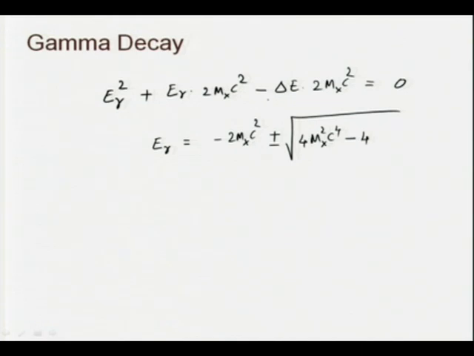The constant term has a minus sign already there. So, this becomes plus 4 into 2 m x c square times delta E, everything under root, which I can write as minus 2 m x c square plus or minus under root.